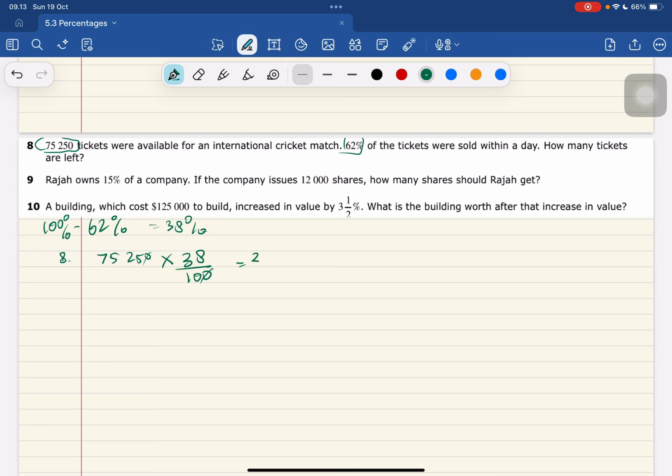So this is 285,950 divided by 10. So the tickets left is 28,595. So 28,595 tickets left.